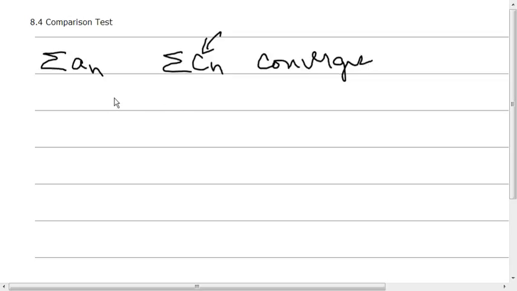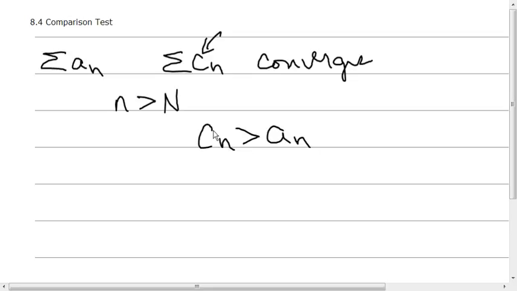Okay, and we also know that for n greater than some value that we'll represent as capital N in this series, after it gets big enough, we can always say that the value of Cn is greater than An.